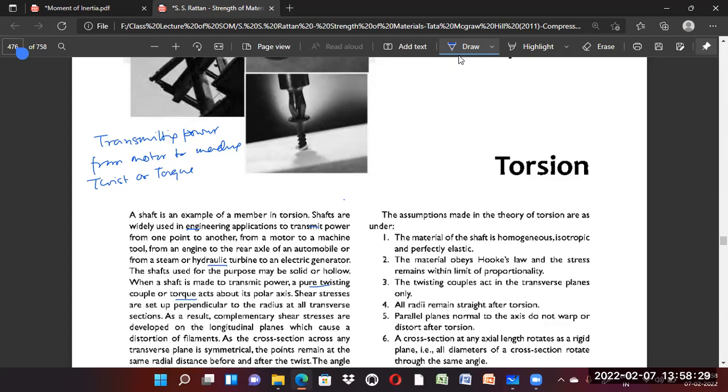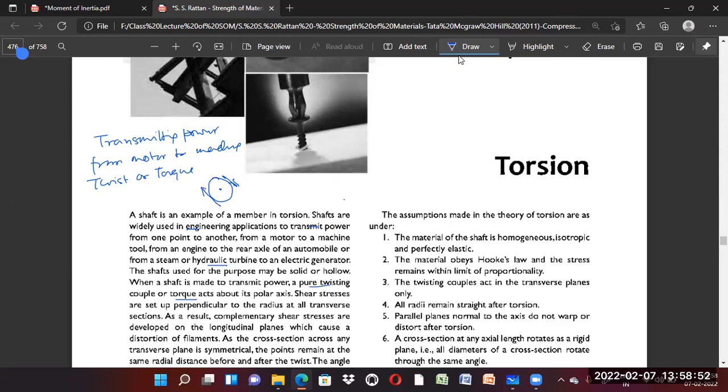What is the polar axis? If we consider a round section of this shaft, it has a center here, and the axis running through it is defined as the polar axis. The twisting moment, which means a torque, is created by two parallel forces whose lines of action are different and do not coincide anywhere.